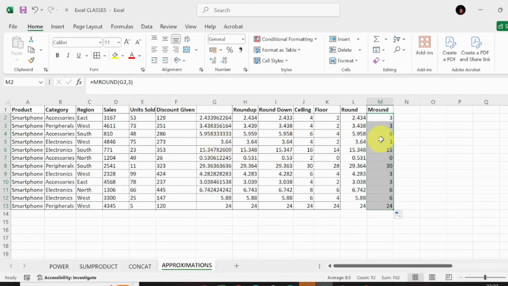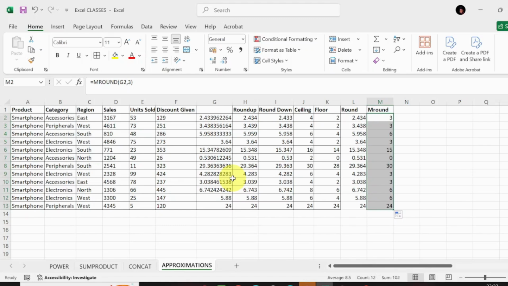The closest multiple of 3 to 15.34 is 15. And 0.53, the closest multiple of 3 is 0, and that of 29.36 is 30.